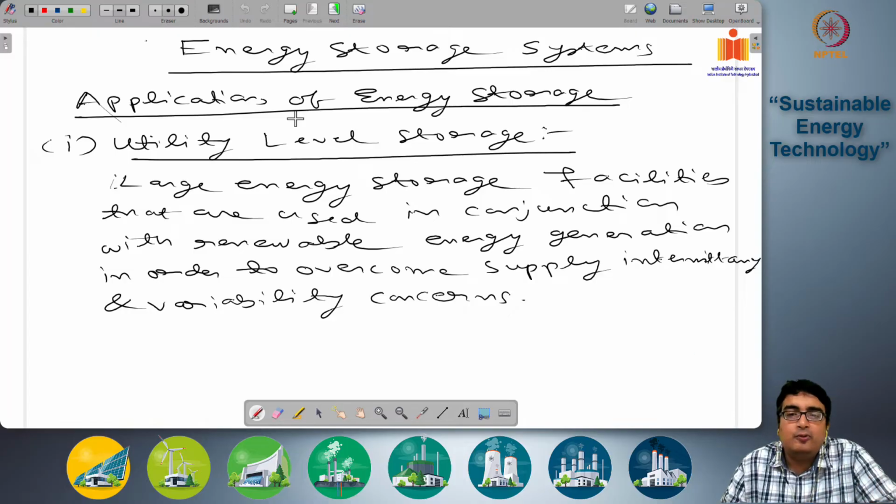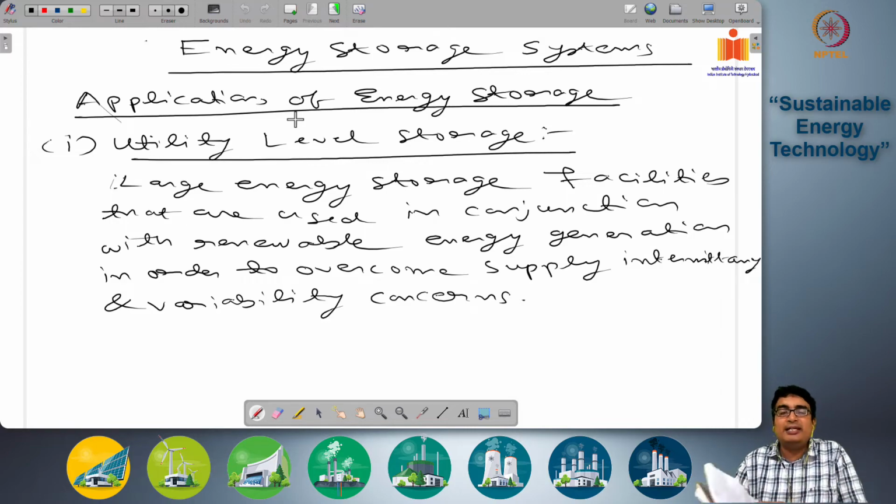So, we will store the excess electricity generated during the daytime in these storage systems and then push this electricity to the grid at night times. Okay. Similarly, we can think of long periods of calmness that we can expect, say, based on meteorological predictions on wind energy systems, and so store large amounts of electricity during the windy times and then push this electricity during periods of relative calm.